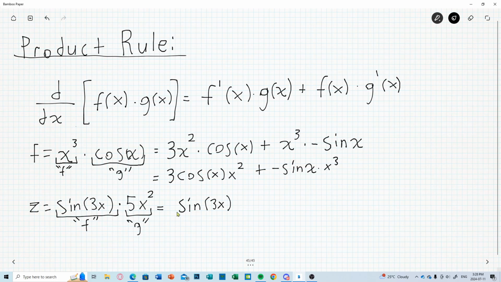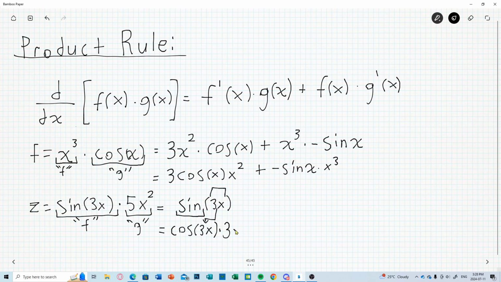We know that this is our outside function, which is the sine, and the 3x is our inside function. From here we take the derivative of sine, which is cosine, and you copy what's inside the brackets over, and multiply it by the derivative of the inside of the bracket, which will be 3.